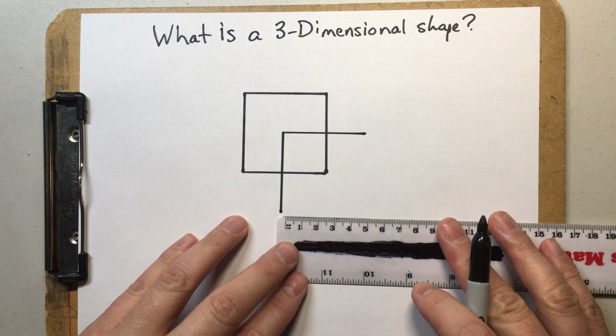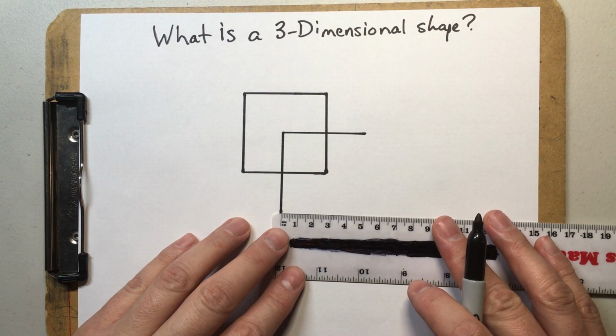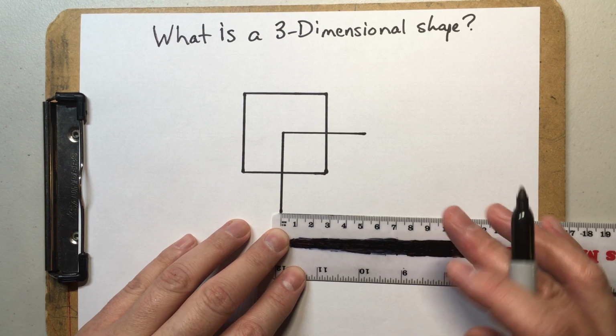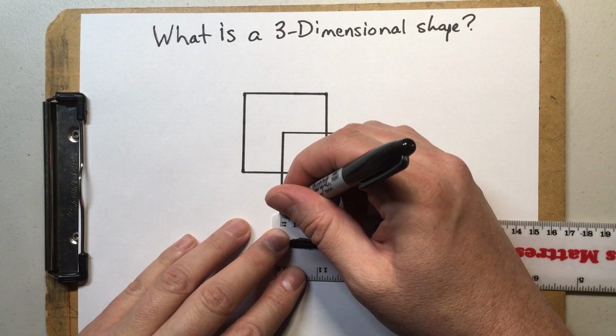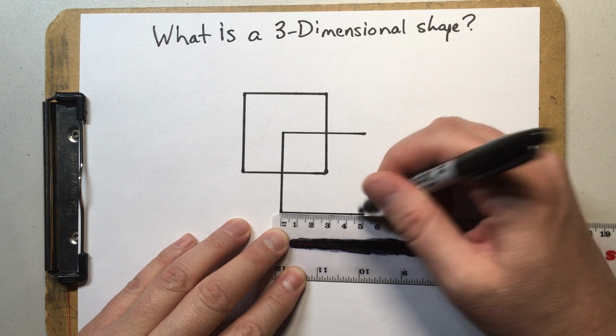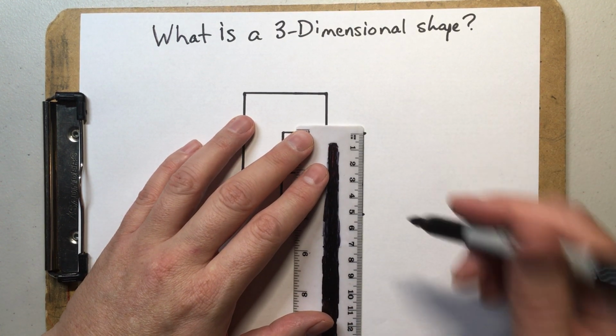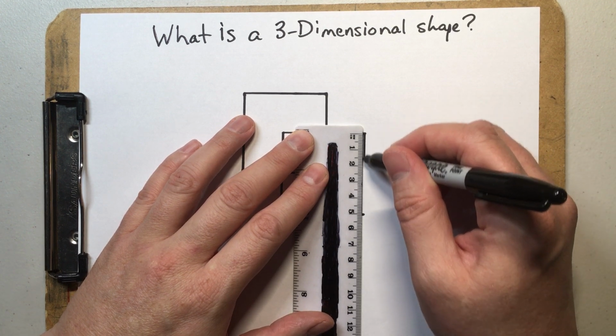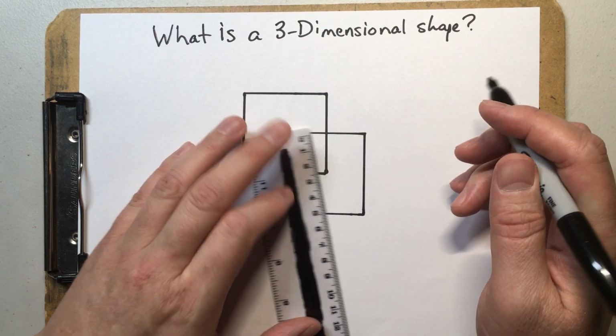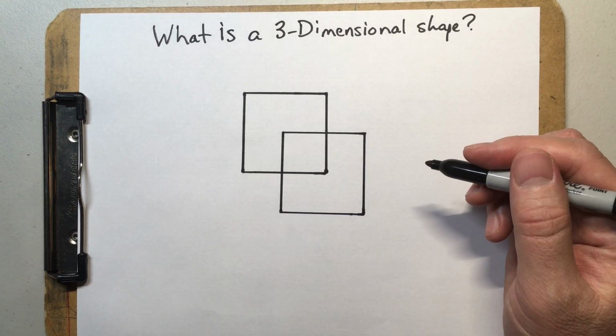What I want is to have two squares that look exactly the same next to each other. Kids love to do this when they learn how to make three-dimensional objects.